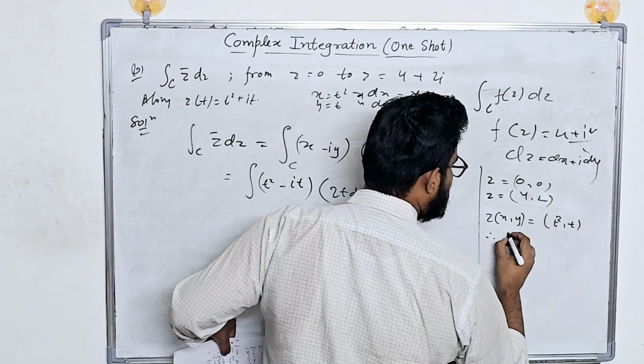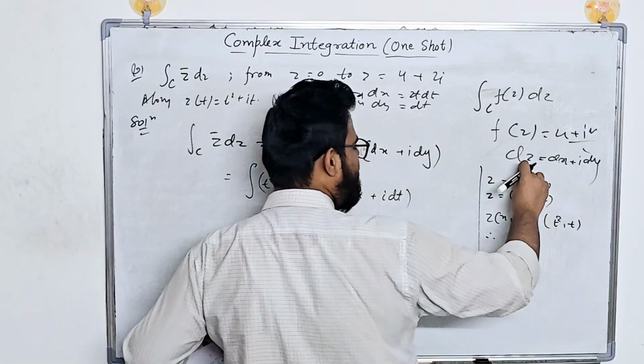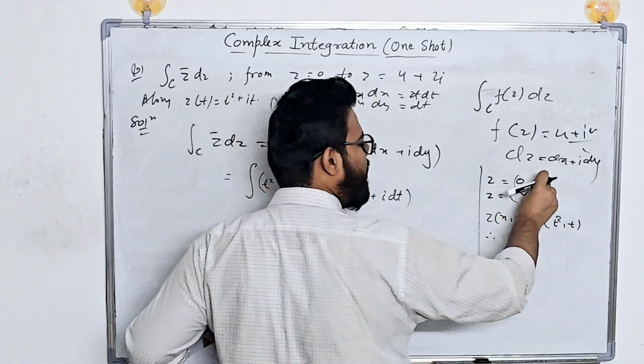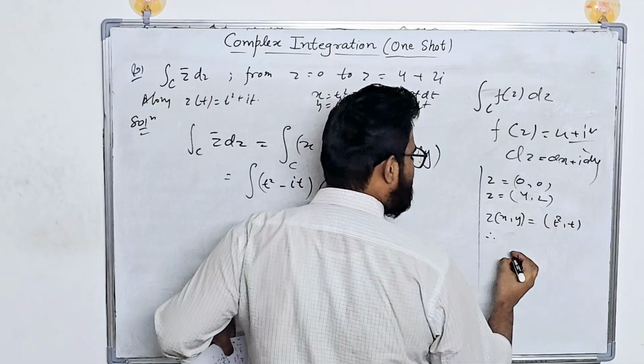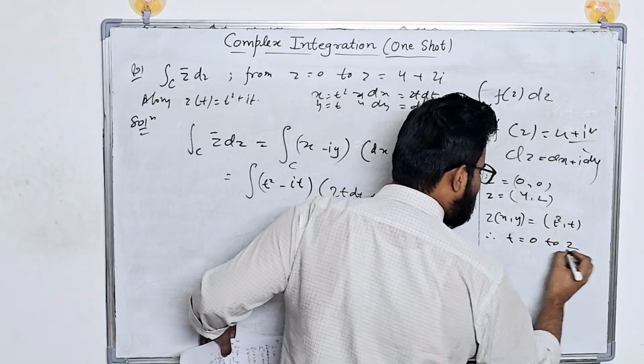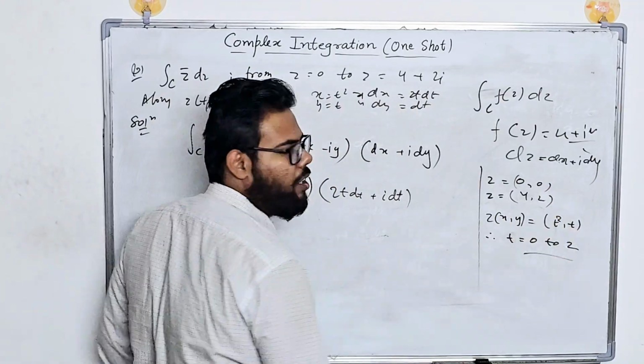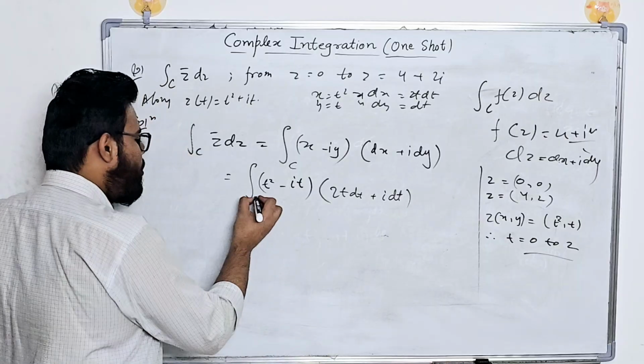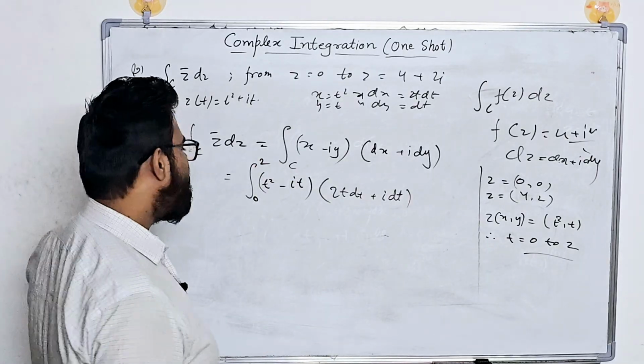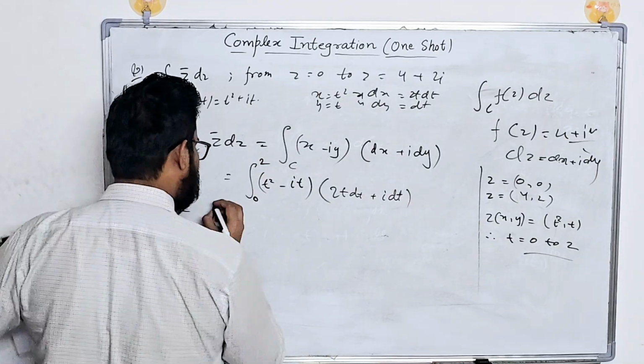Hence we can say that this is the value of t, this is the value of x, this is the value of y. Hence t is going from 0 to 2. So now let's just solve it.